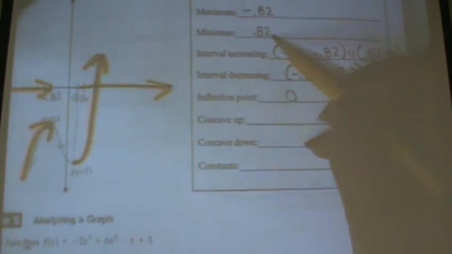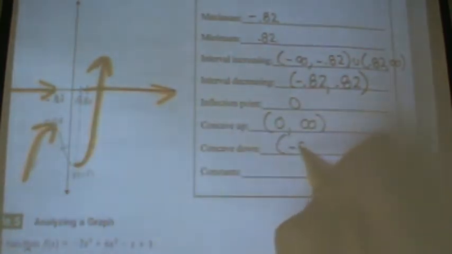You add these two up and divide by 2. Well, they're gonna cancel each other out. When you divide 0 by 2, you get 0. So this graph is concave up from 0 to infinity. And it's concave down from negative infinity to 0.